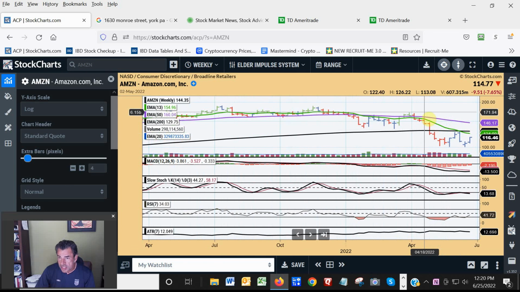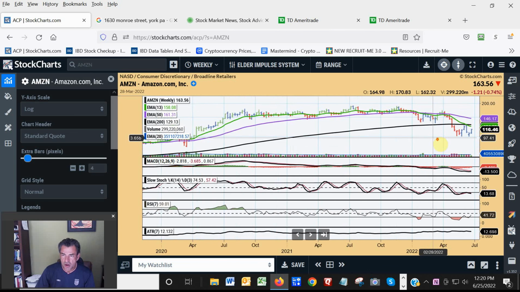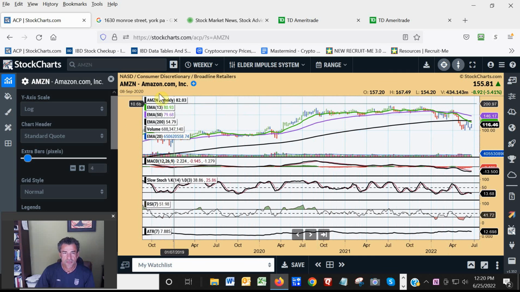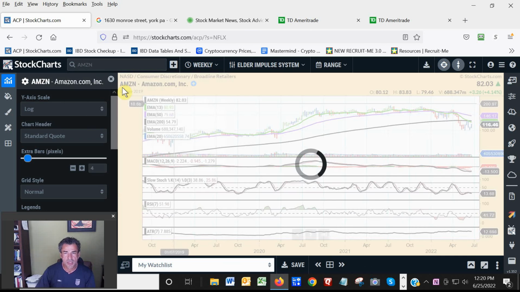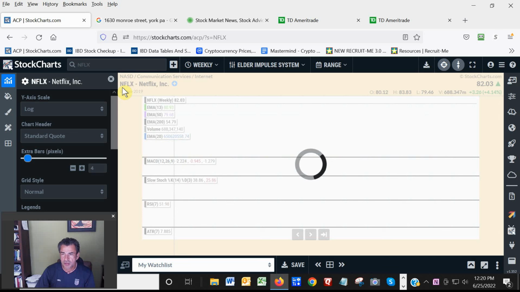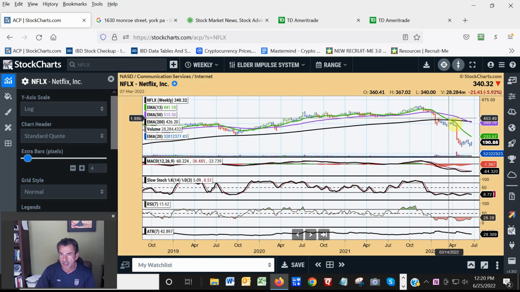And look, once it slices through, it tried to go back up, and then it became resistance, and it had trouble broaching it and punching through, and then it dropped back down. Very common. You see this. Now, Netflix is probably on everyone's mind because it just completely sliced through that. Like, look at that.